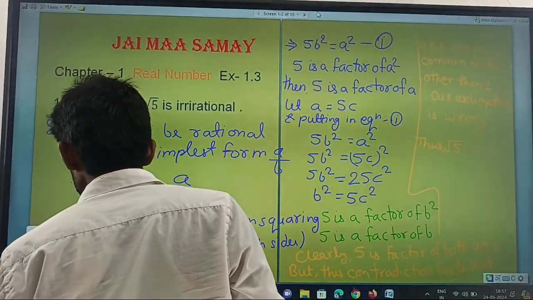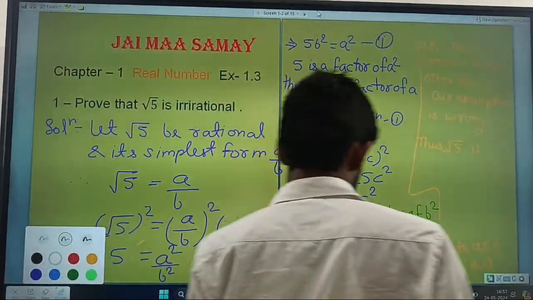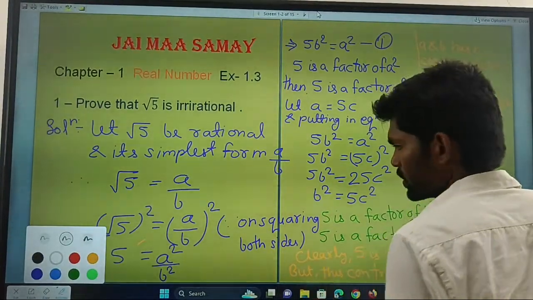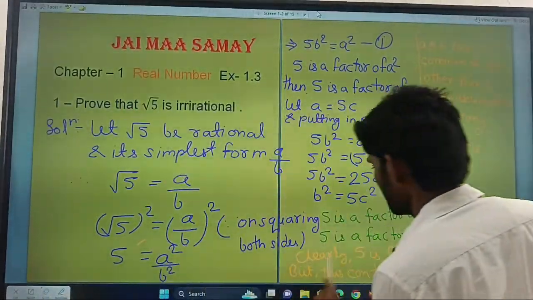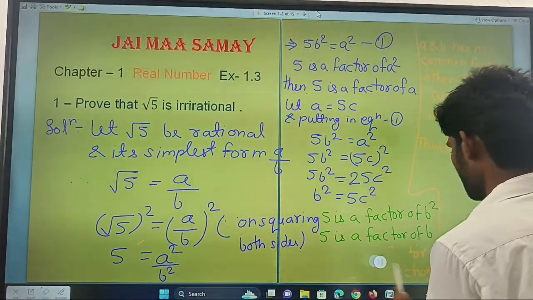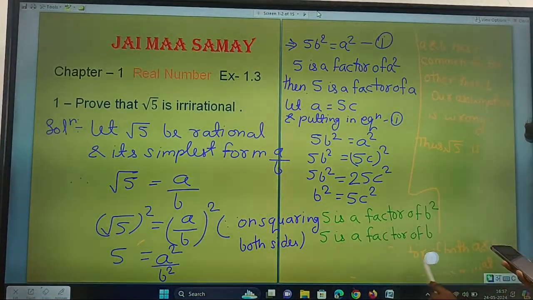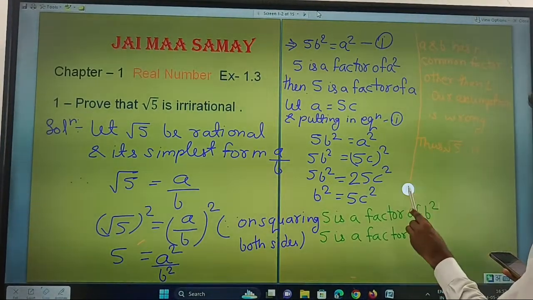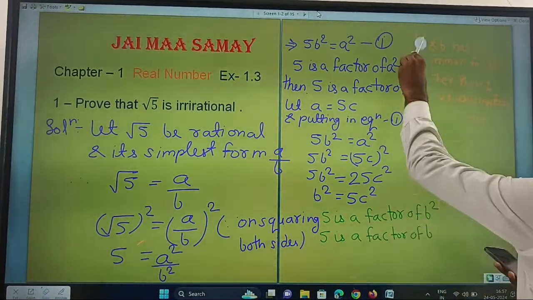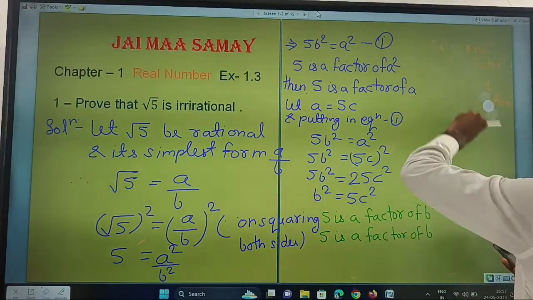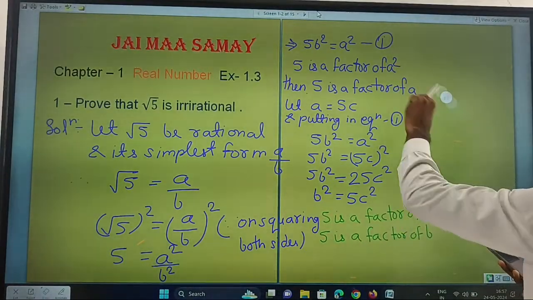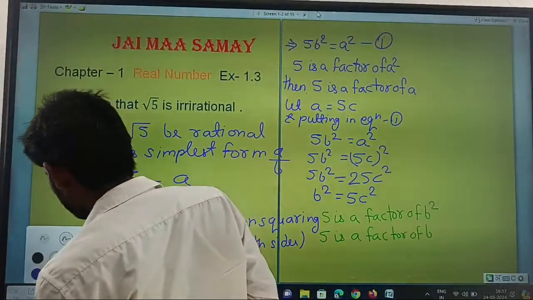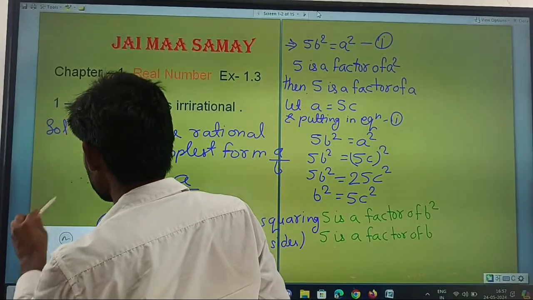Okay, again going to write, then going to erase. Already I've asked you, Sony, is the yellow color looking okay? Take this color.